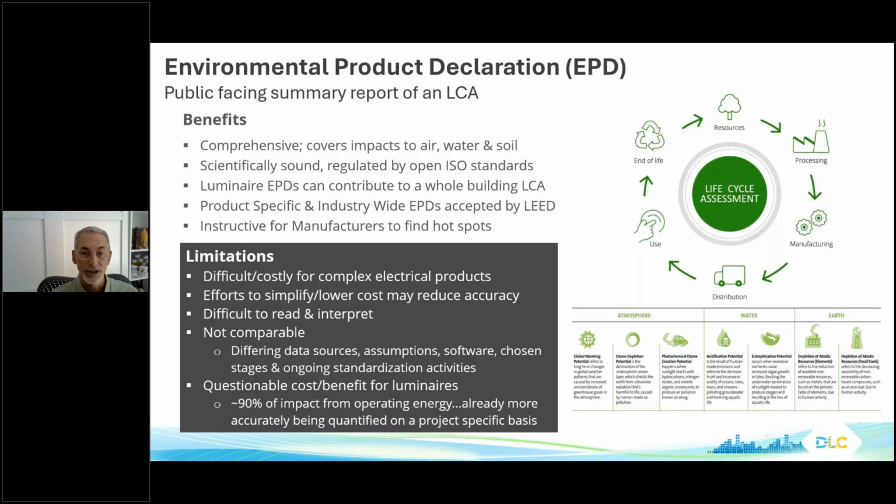And operating energy is already something that is more accurately being quantified by the lighting specifier on a project-specific basis, taking into account all the luminaires that are being applied, the control scenario that's being put in place, the local energy grid, the use patterns of the building, etc. So we're already doing a pretty good job quantifying the operating energy impacts outside of a life cycle assessment in a much more project-specific manner.